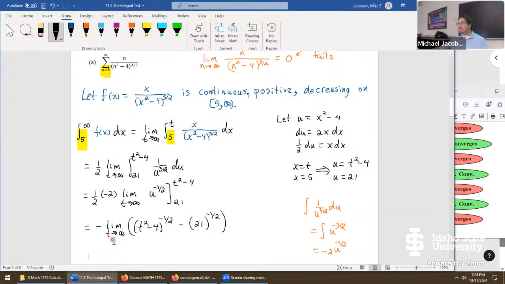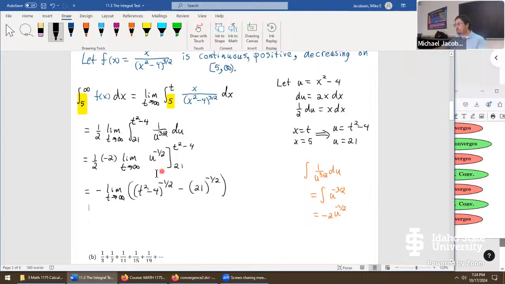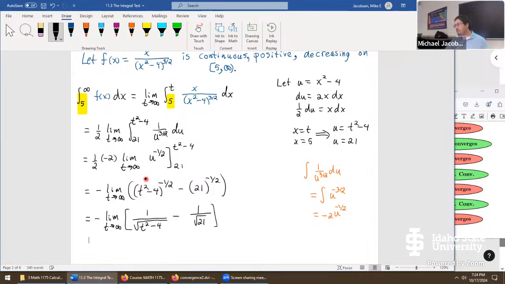Because we're still taking a limit as t goes off to infinity, it's a good idea to move this around just to get better intuition on how the limit goes. So now I'm going to drop that to the denominator, make the exponent positive 1/2, which then converts it to the square root. So we have negative limit as t goes to infinity of this whole mess. From right here, it's 1 over the square root of t squared minus 4 minus 1 over square root of 21.